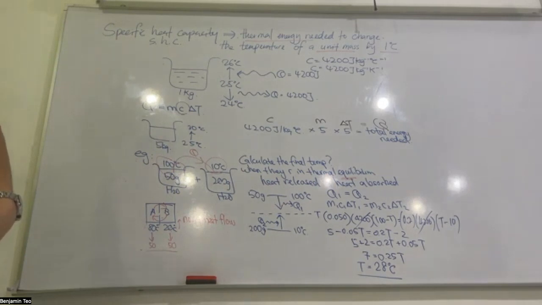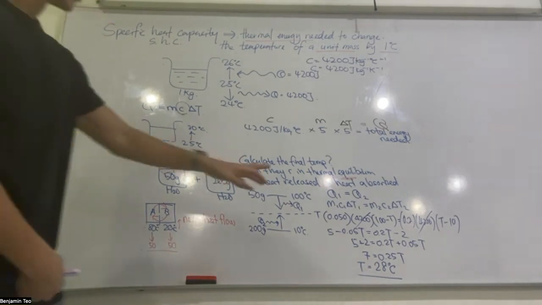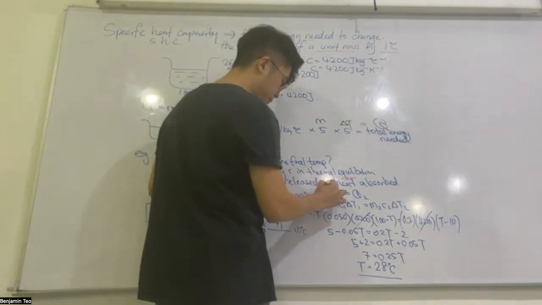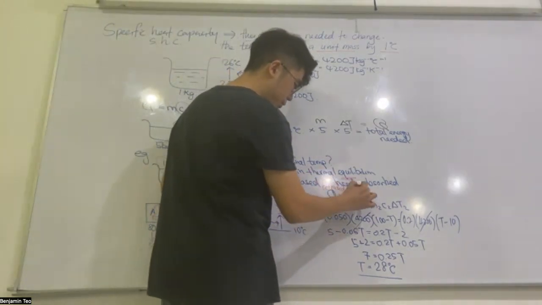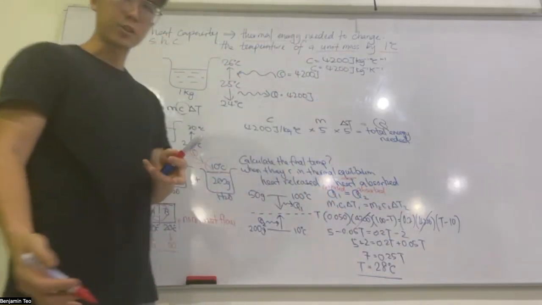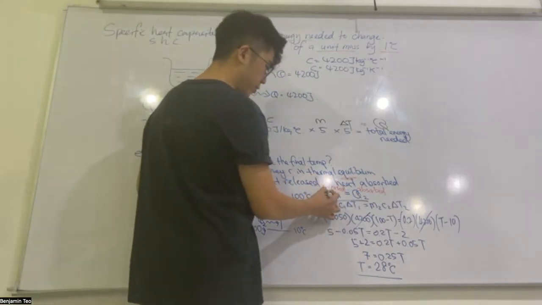So remember, our calculation is assuming that there is no heat loss, right? So we can say the Q1, the release one, is equal to the absorbed one. What happens if you have loss of energy? Then this equation is going to change a bit.